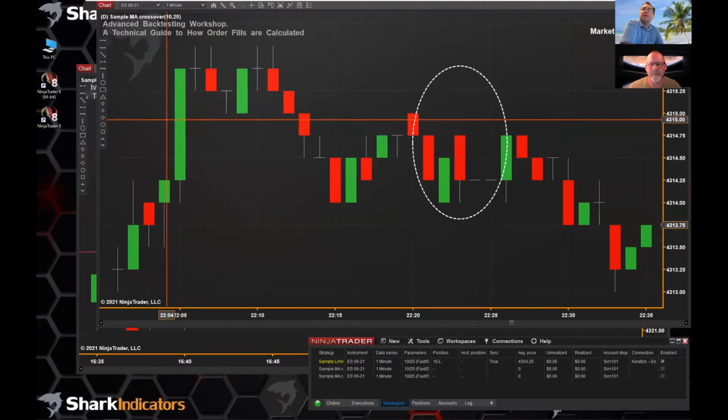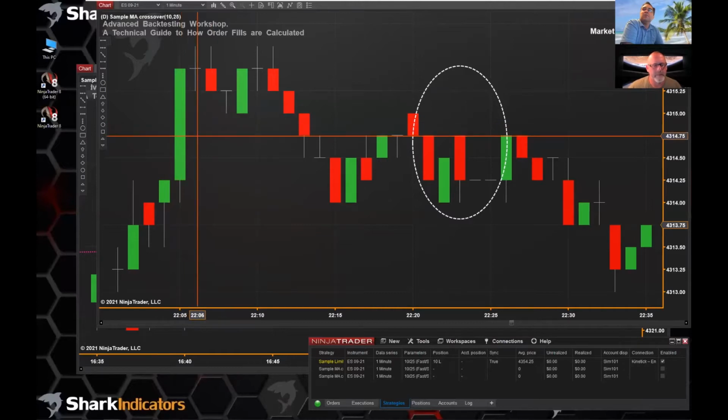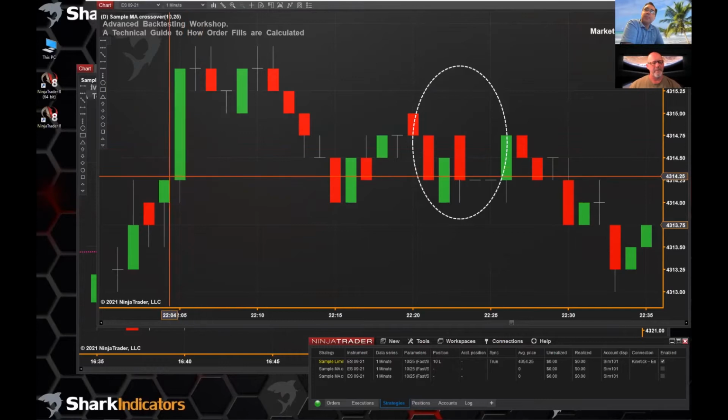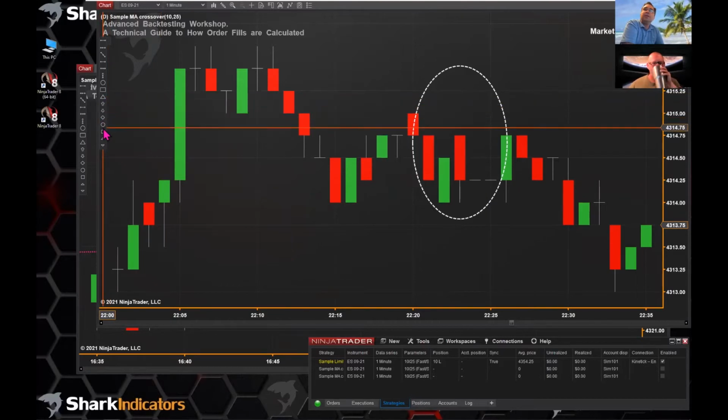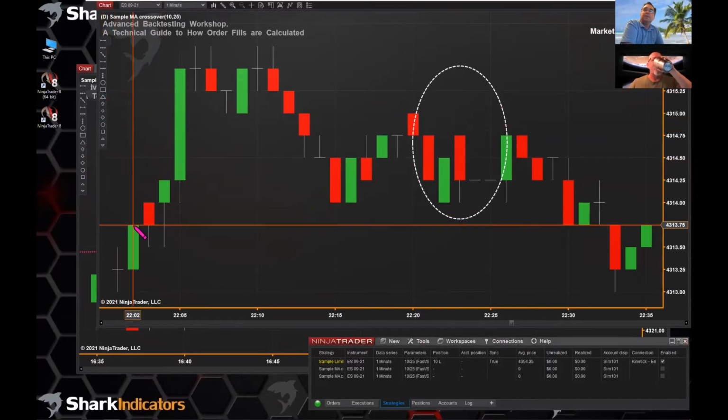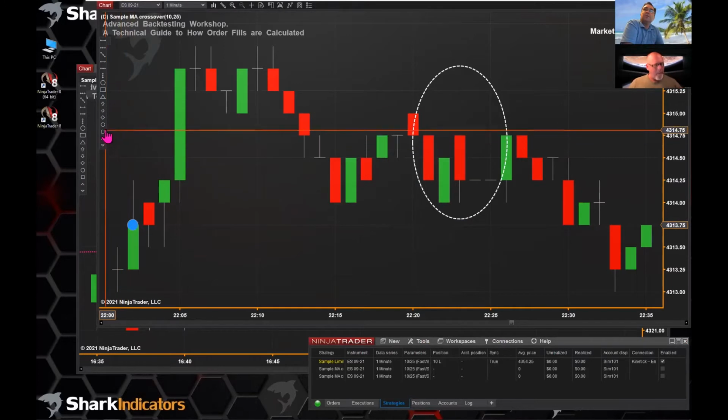Because when your indicators are running on historical data, all your indicator sees is the close of the bar, right?